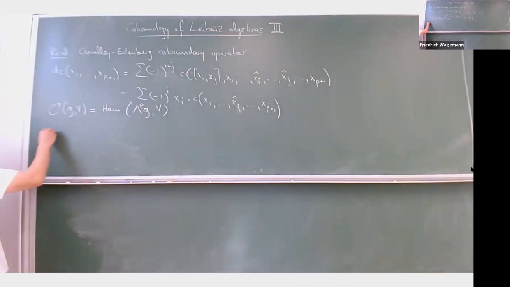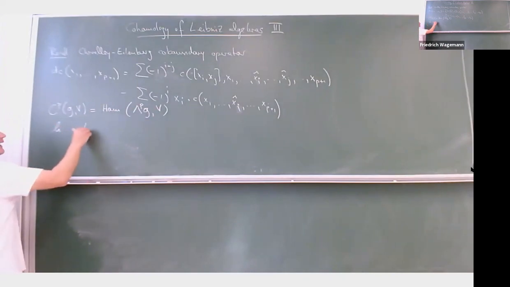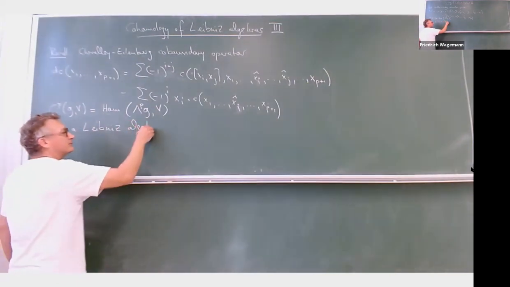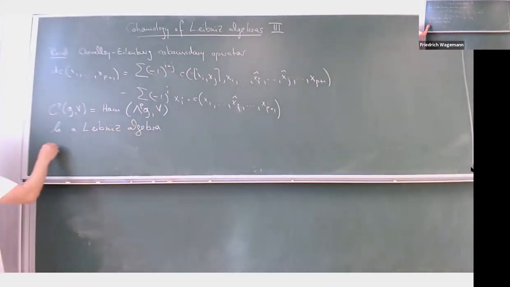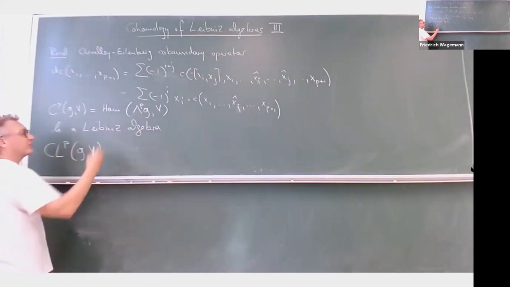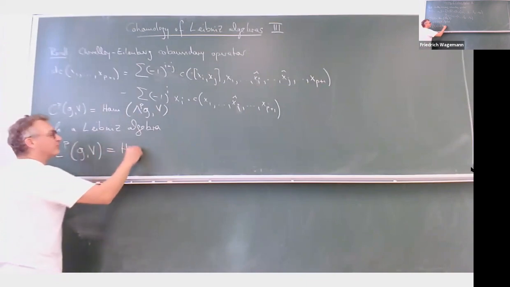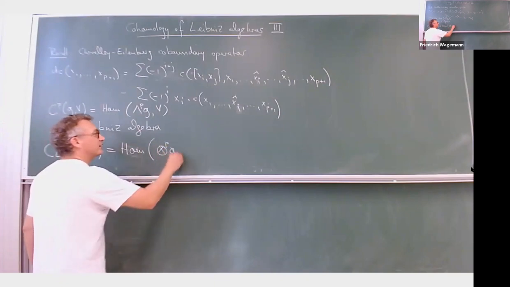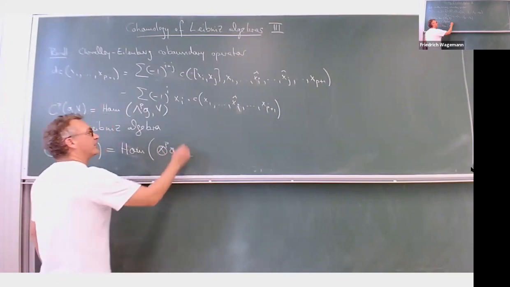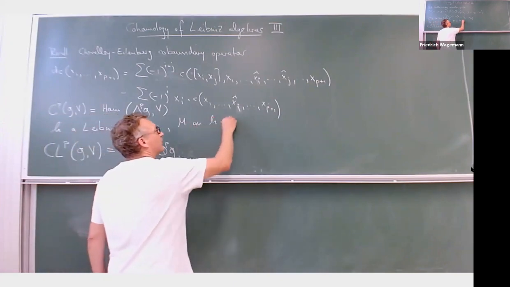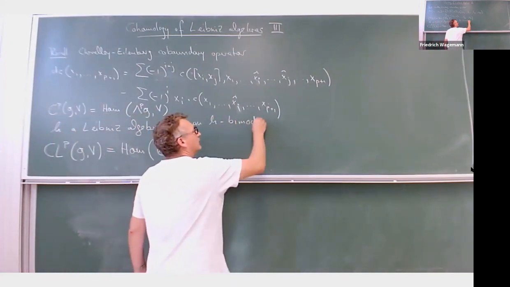Now, let H be a Leibniz algebra. Then the Leibniz cohomology complex will be built not on the exterior powers, but on the tensor powers of H, and M an H-module.